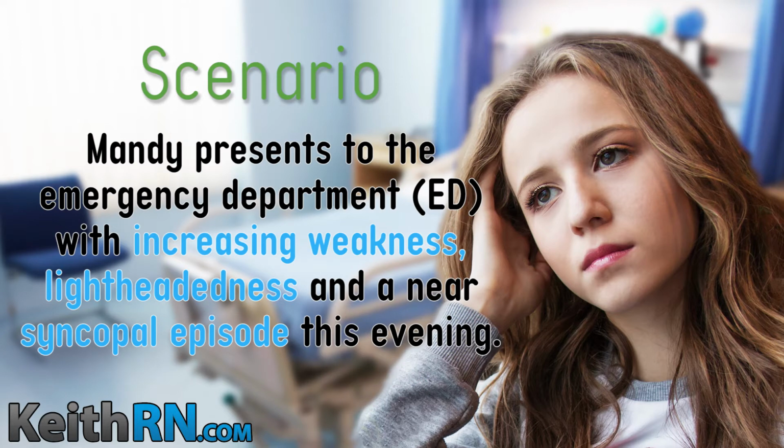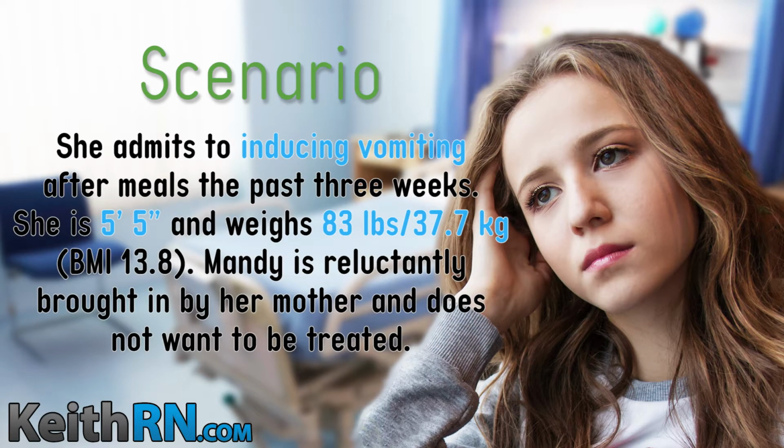Mandy presents to the emergency department with increasing weakness, lightheadedness, and a near syncopal episode this evening. She admits to inducing vomiting after meals the past 3 weeks. She is 5'5" and weighs 83 pounds.